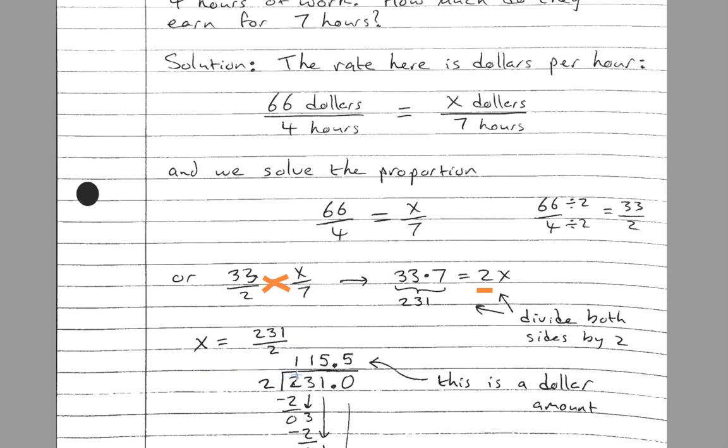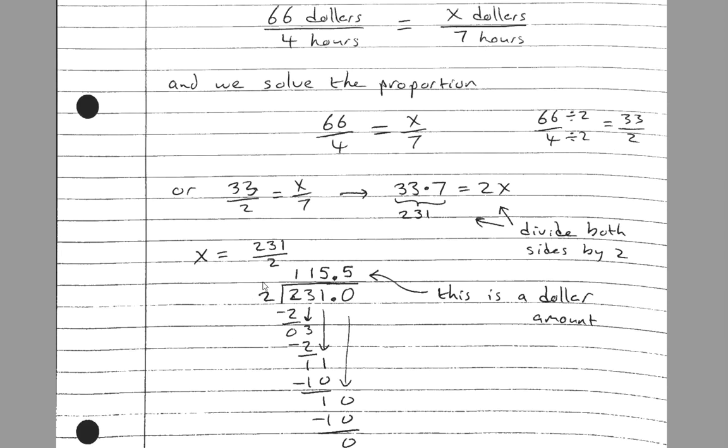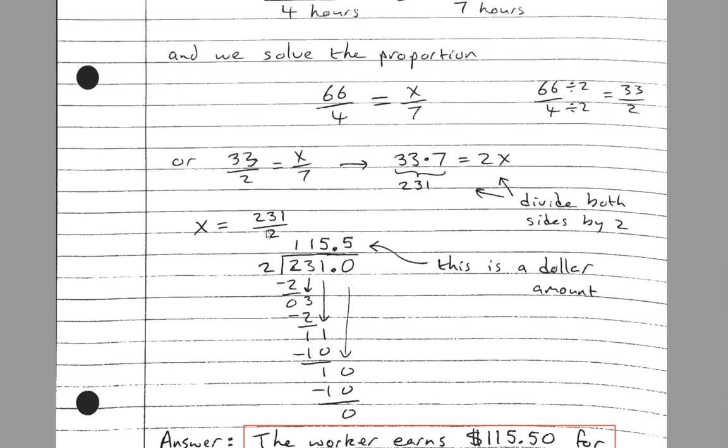So we get to this. You could convert this to a mixed number since it's an improper fraction. Here I've done it as a decimal since we're dealing with money.